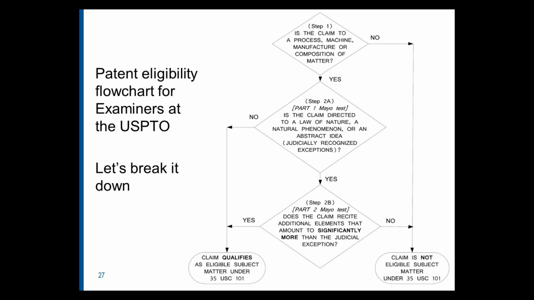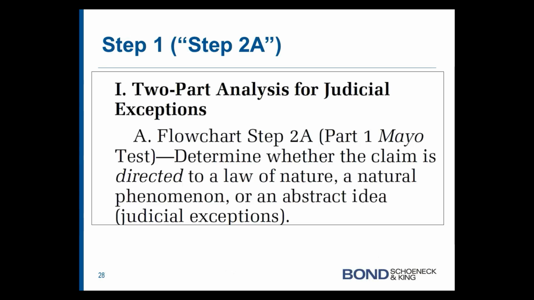You'll recall from earlier we were looking at the two prongs of the Alice framework, and here we have the two prongs, although they've broken it up into step 1 and step 2A and 2B. So we're going to break this down a little bit and look at this flow chart, because this is how examiners will be looking at the claims of a patent application that you may submit or you may consider submitting.